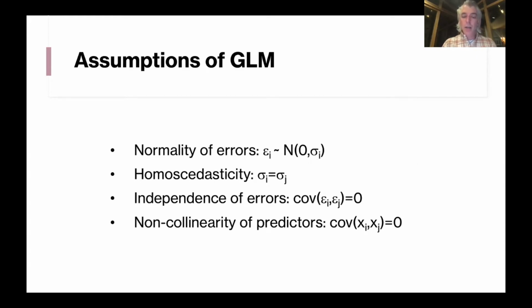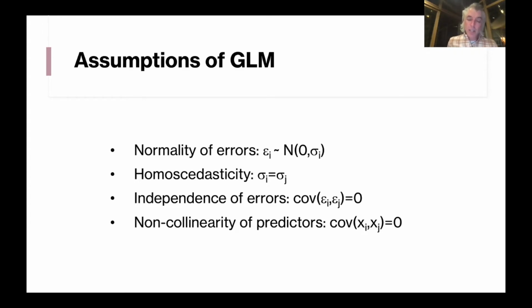The second assumption is that the variance in these residuals, sigma i, is constant across all predicted values, and this is referred to as homoscedasticity. If this assumption is not met, then the model is referred to as being heteroscedastic. This might occur because the variance in the residuals changes across fitted values, or the variance in the residuals differs among our different levels of a categorical predictor.